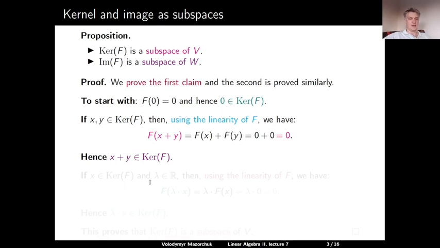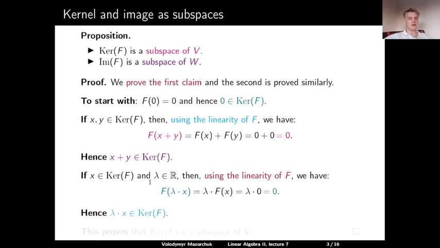And finally, let x be an element in the kernel of F and lambda be a real number. Again, using the linearity of F, let us compute the image under F of the element lambda times x. So since F is linear, we can move lambda out, so this is equal to lambda times F of x. Since x is in the kernel, this is equal to lambda times 0, and everything times the 0 vector is equal to the 0 vector, so this is equal to 0.